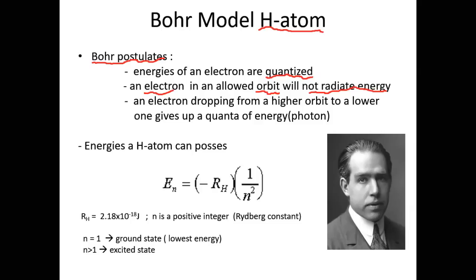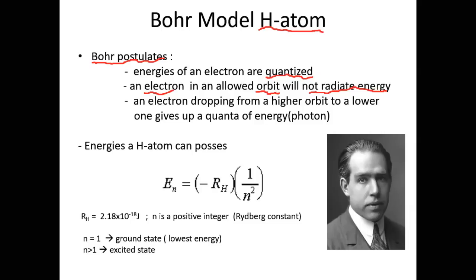So for example, when you heat the stove and you turn it off, the stove element continues to radiate heat. But if an electron was at a particular energy level, it wouldn't radiate any energy. It would just stay until it moves to a different orbit. That's when energy is transferred. Either it absorbs energy or emits energy.